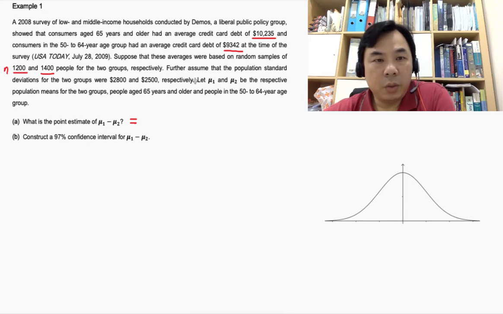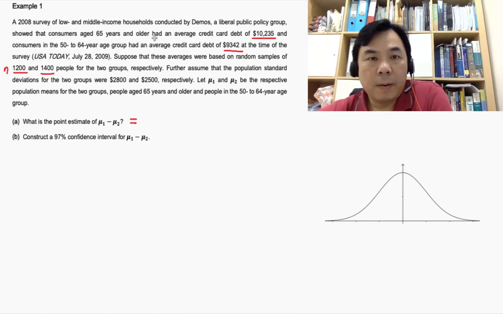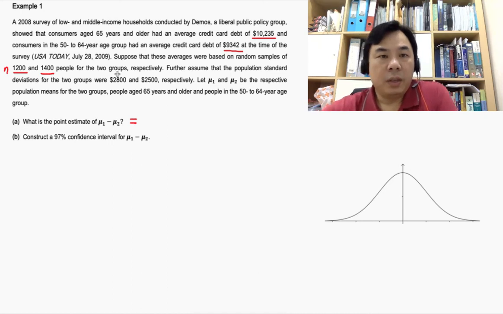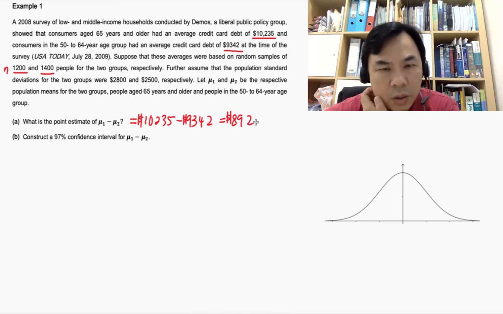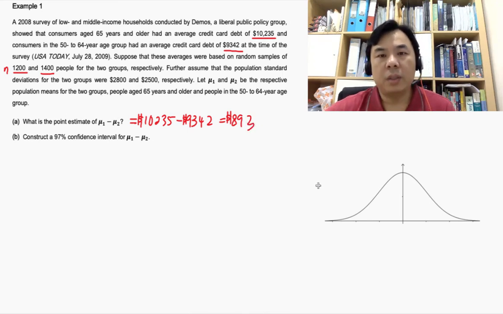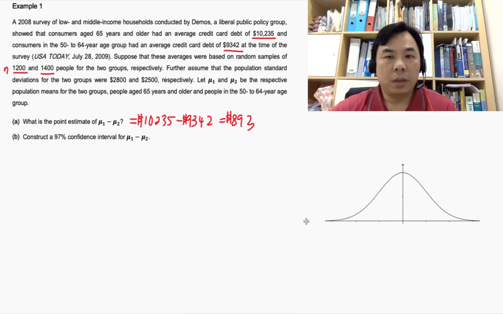Right. So if this one represents the population for 65 years and above, and the other one represents 50 to 64 years old, then the point estimate must be the same as 10,235 subtract 9,342 in this case, right? So if you calculate this, that should yield $893, sorry, 893, right? So I hope that is clear at this point. Okay. Now, second question.